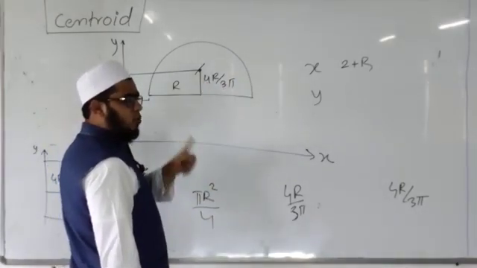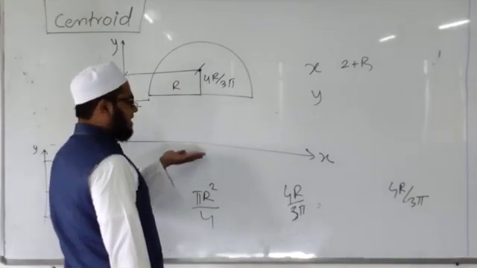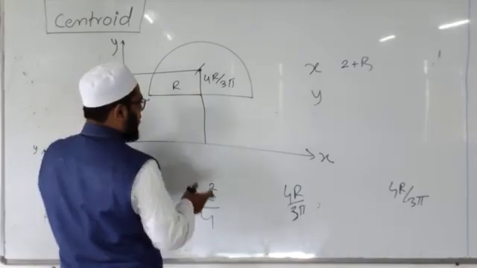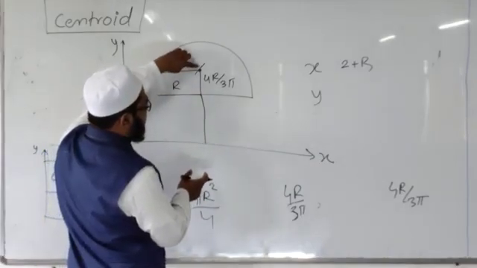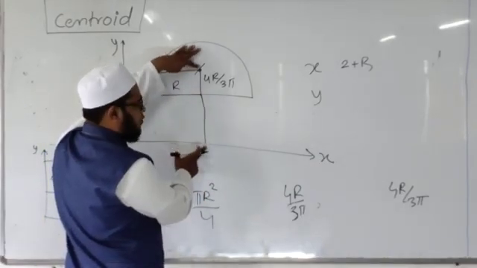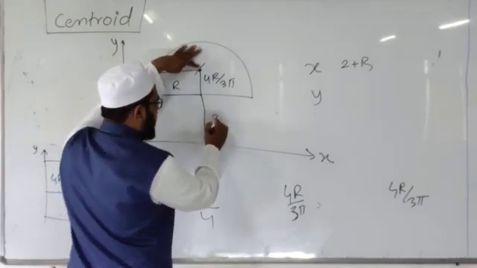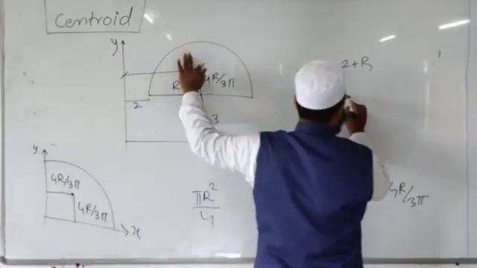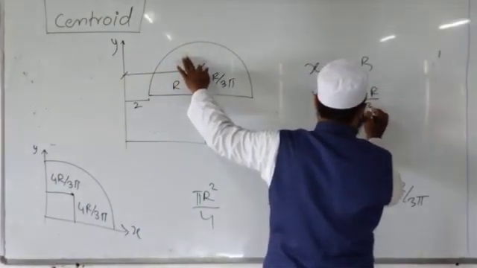Y is the distance measured from the x axis, so we have to consider this distance also. If it is 3, then 3 plus 4r by 3 pi.